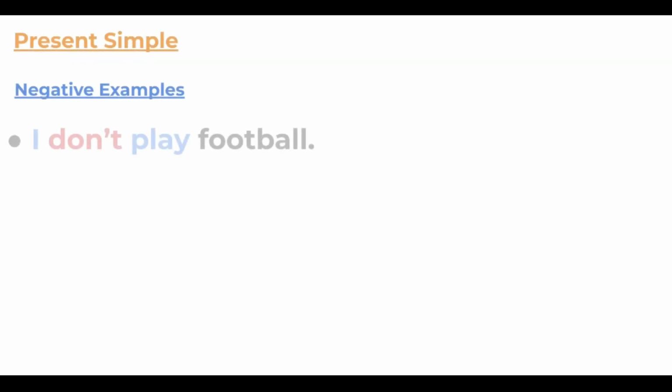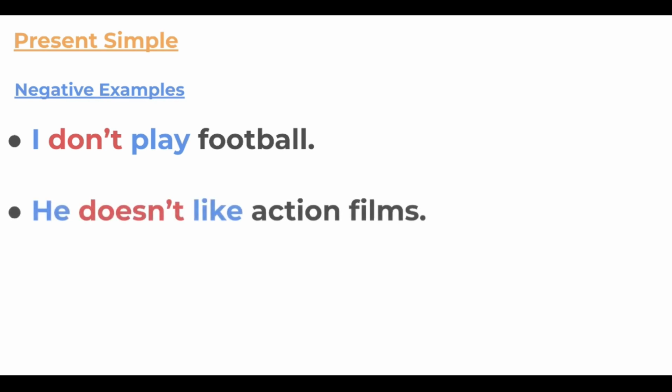Let's have a look at this in action. I don't play football. So we've got the affirmative, the positive, which would be I play football. However, you can see that red don't in the middle of the subject and the verb now to make the negative. So now we've got the subject he.